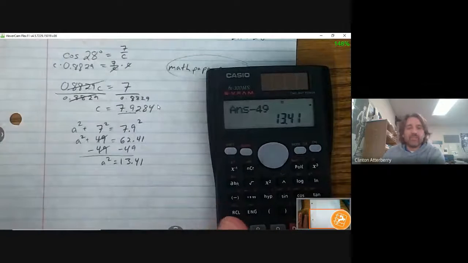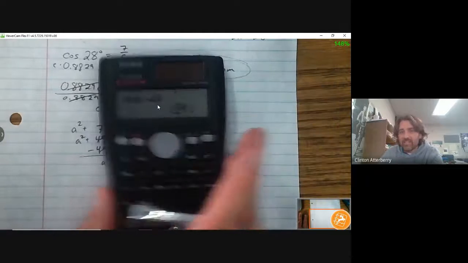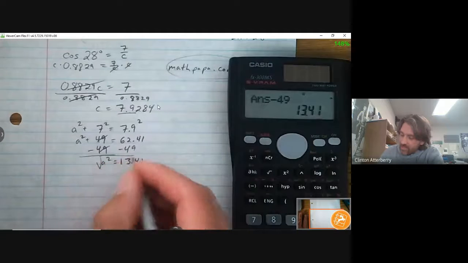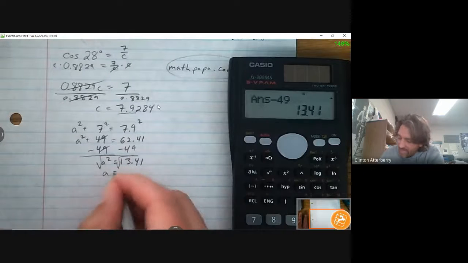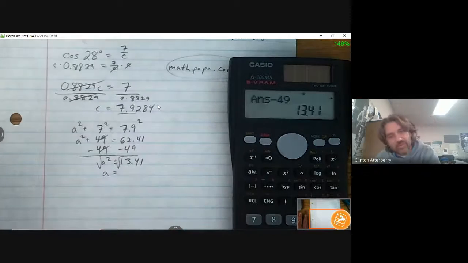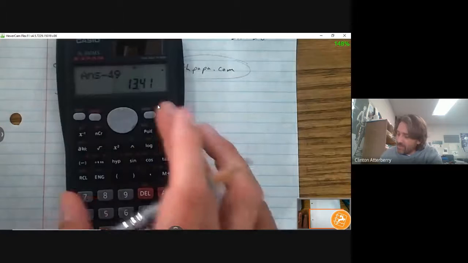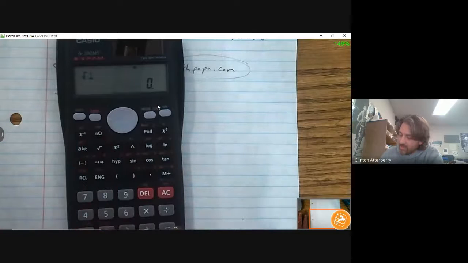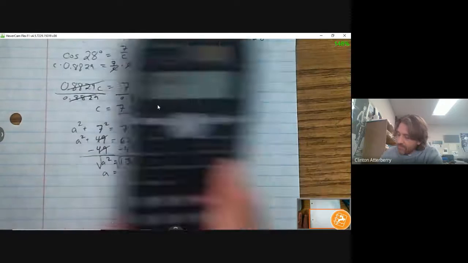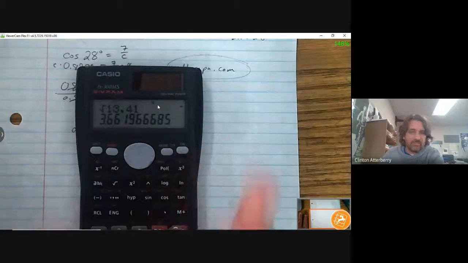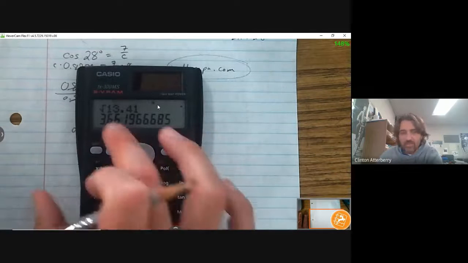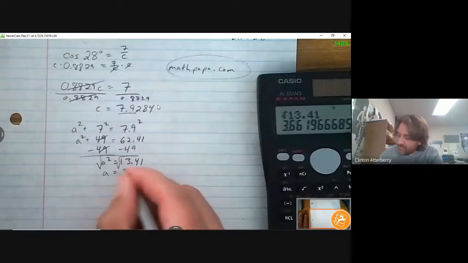I have a squared is equal to 13.41, but that's not what a is, that's what a squared is. That's if we took our number and multiplied it by itself. Instead, we do the square root. Now this square root is going to be a gnarly looking weird number. So the square root of 13.41 gives us 3.6619, and so on and so forth. Let's just round this up to 3.7.